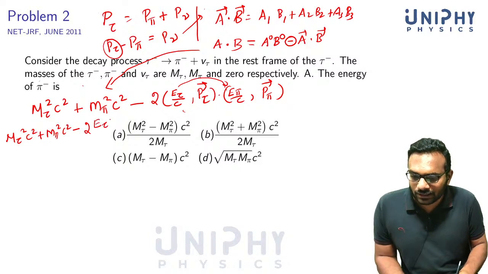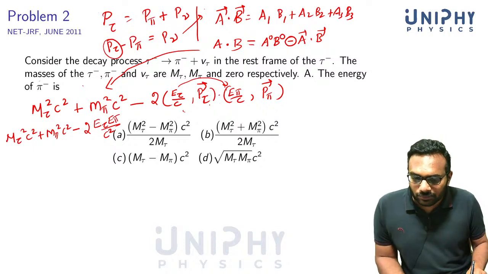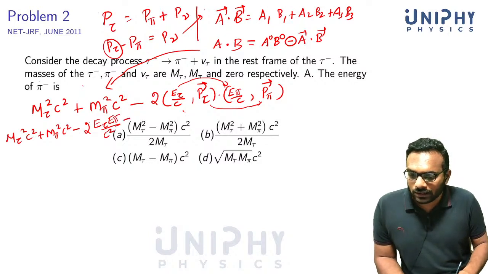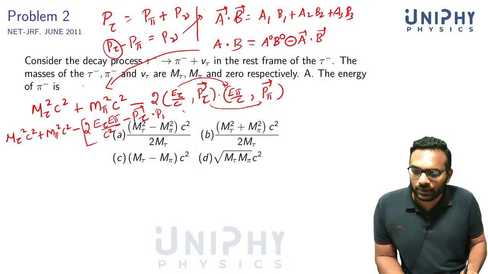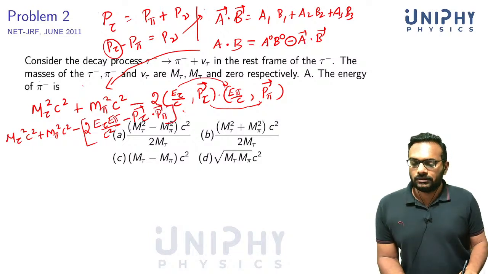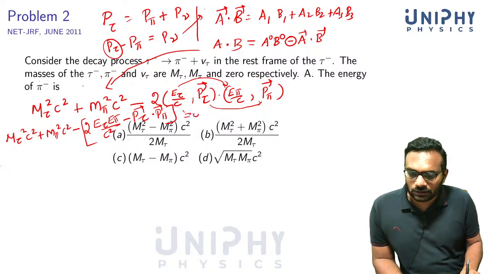You are multiplying the 0th component, e tau e pi divided by c square, and you multiply the space part also, p tau vector dot p pi vector. Because there is a minus sign here, I will put a bracket here, minus p tau vector dot p pi vector. This is equal to 0, right?